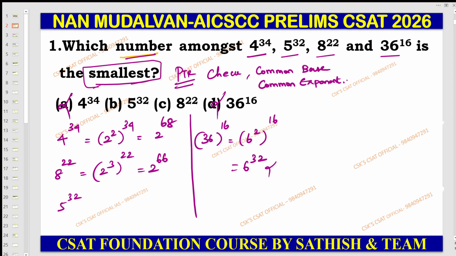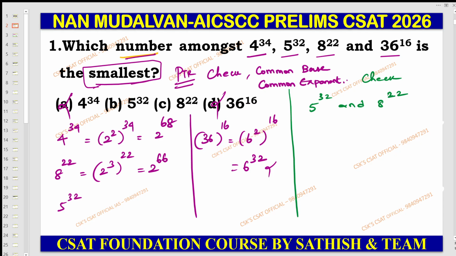Right, so if you are eliminating, then only two remain, 5 power 32 and 8 power 22, and from these two only one is going to be the answer. So now we have to check here 5 power 32.